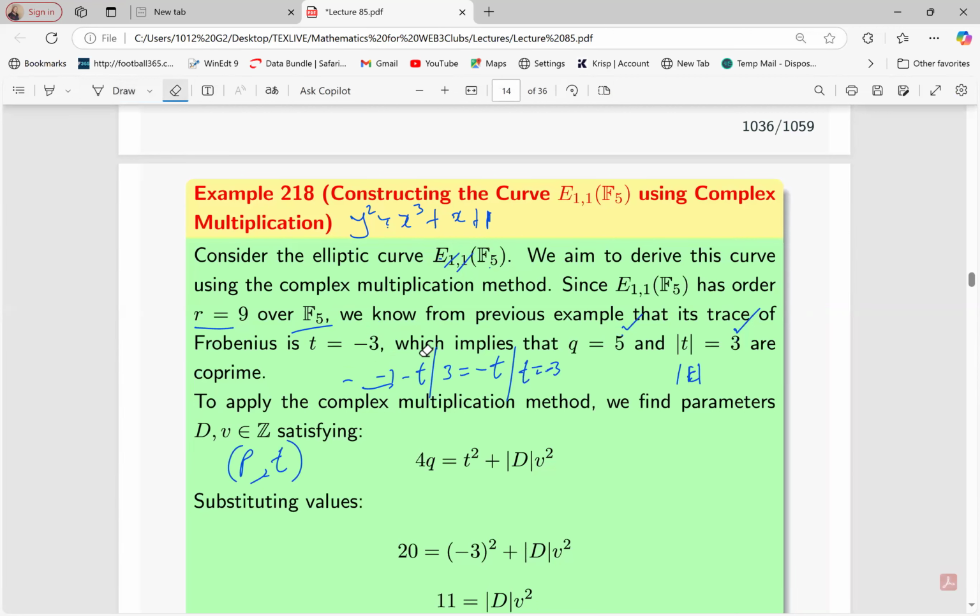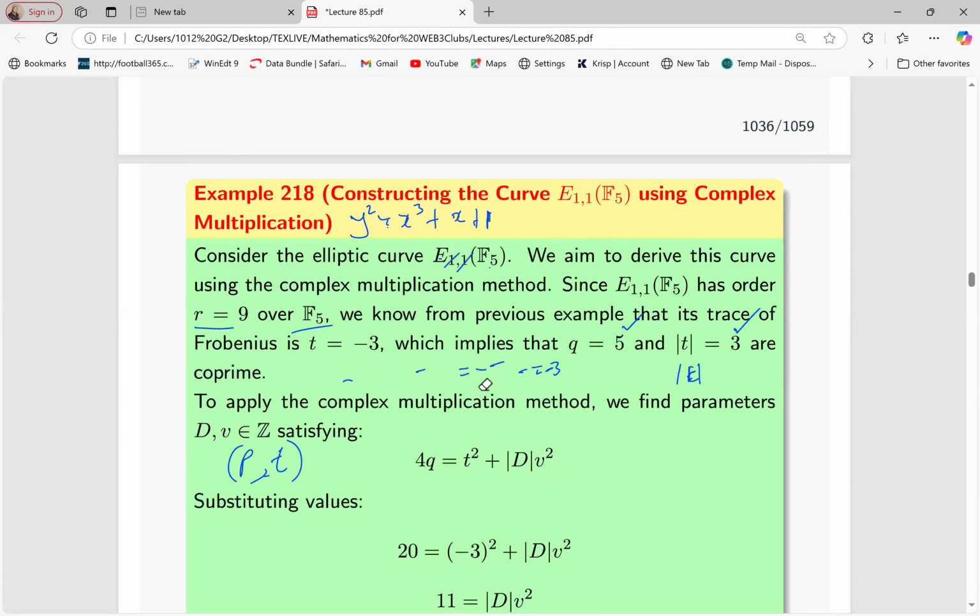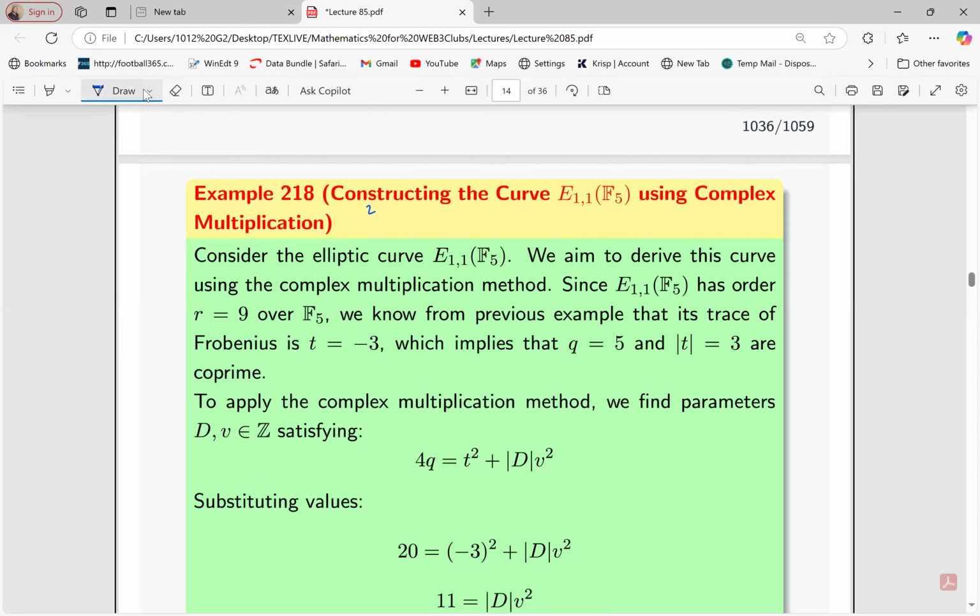Now, after that, we now have our Q. We have our T. We have our P. The next thing we said was that we would then calculate D and V. Let me take you back there.